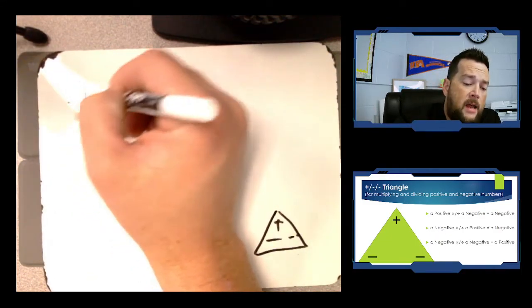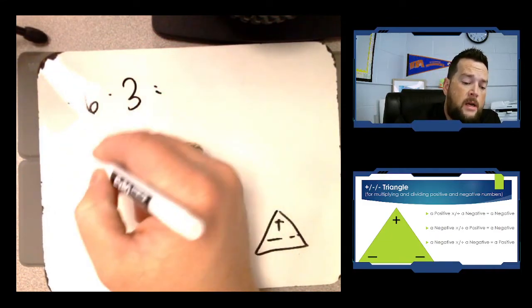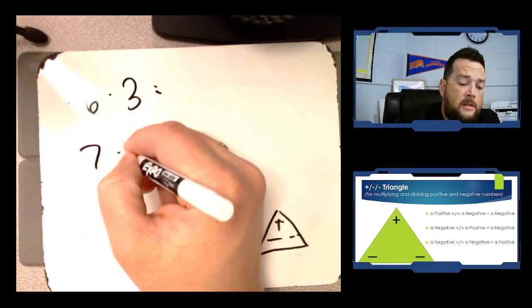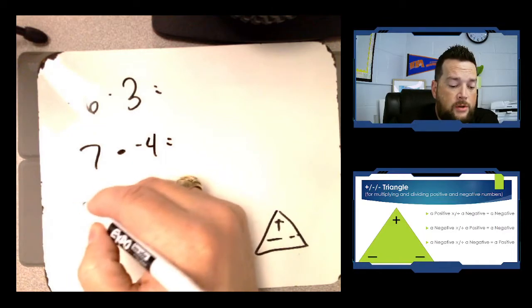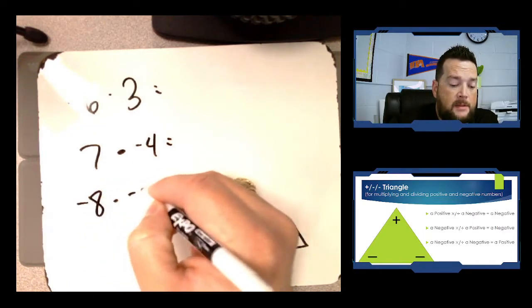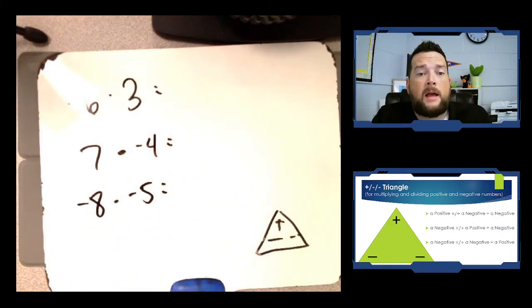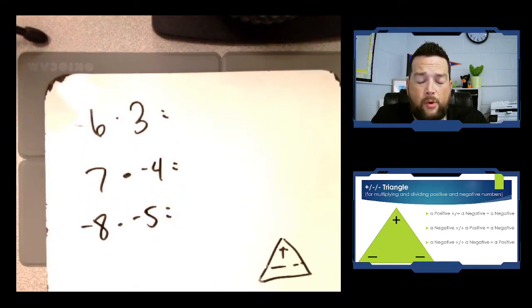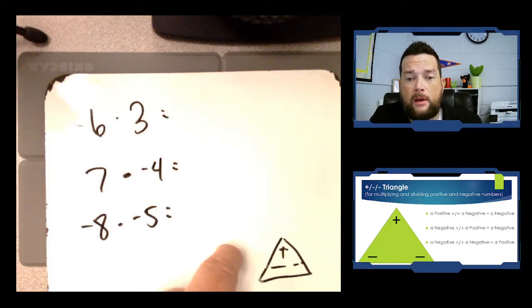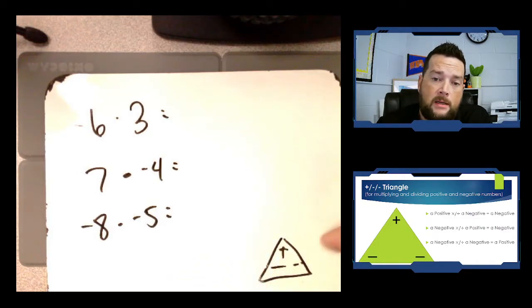So if I had negative 6 times 3, and then 7 times negative 4, and then let's just do negative 8 times negative 5, just like that. Well, if I had a bunch of problems like this on my paper, I might draw this tool down here in the bottom right hand corner so that I could use it.